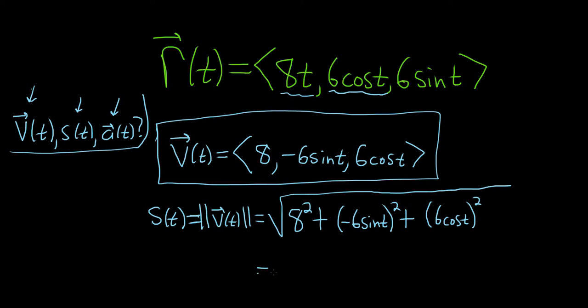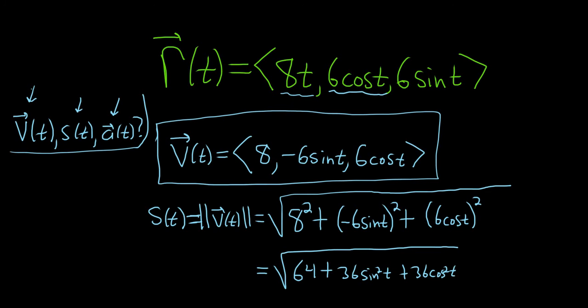So this is equal to the square root of 64 plus, squaring this one, we'll get 36 sine squared t. Same thing here, 36 cosine squared t.